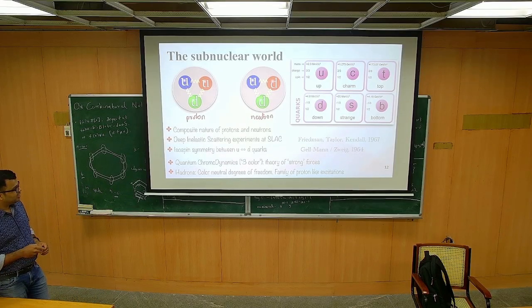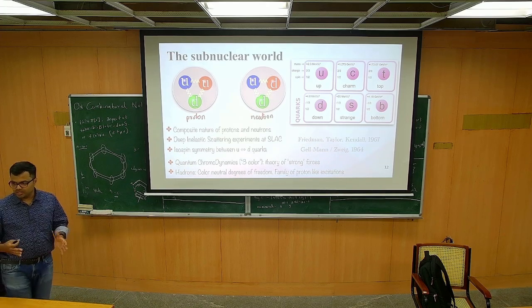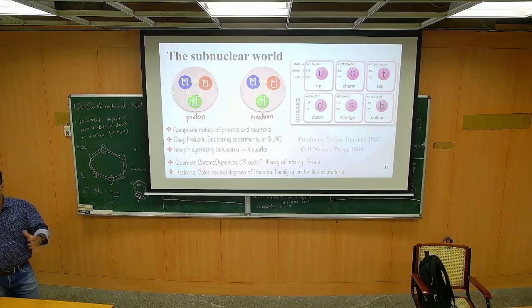Okay, and the combination of these 3 colors makes it totally white, which means the total object is colorless, while individual quarks have some non-trivial color. So this way you can form a proton and neutron in a naive theoretical sense.